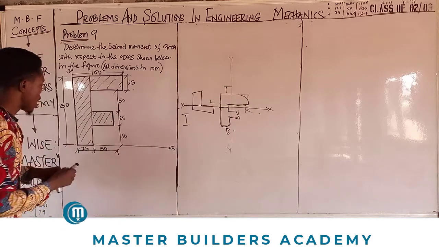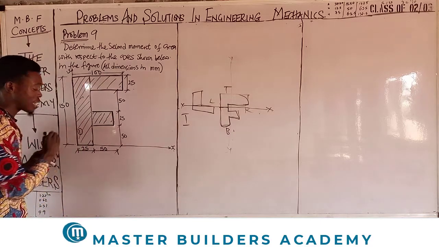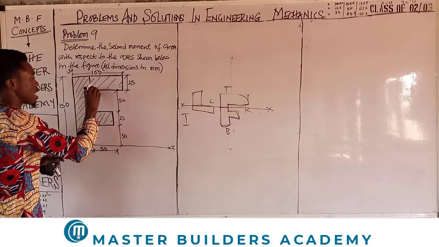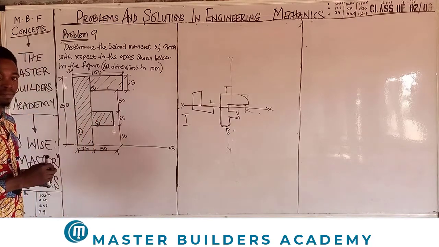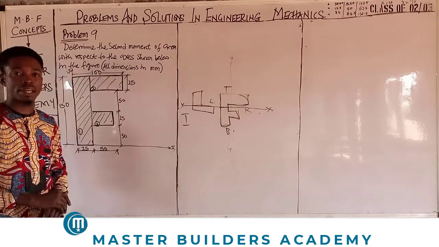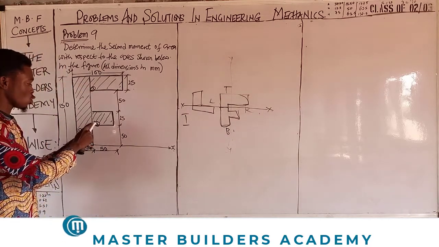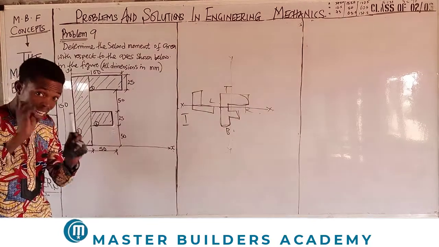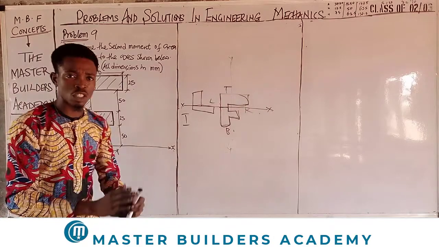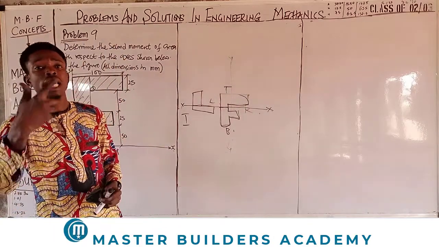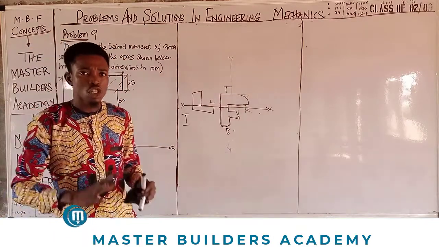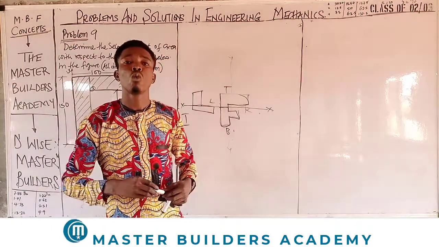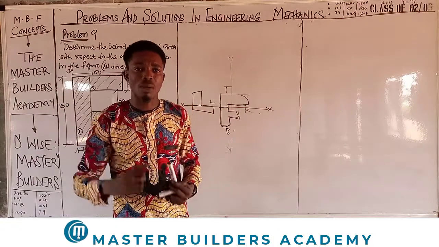So I can label this as section 1, this as section 2, and this as section 3. This is the pattern of labeling: section 1, section 2, section 3. Now, listen carefully. Now that this section is not symmetrical about the x axis or the y axis, where do we take as our reference?